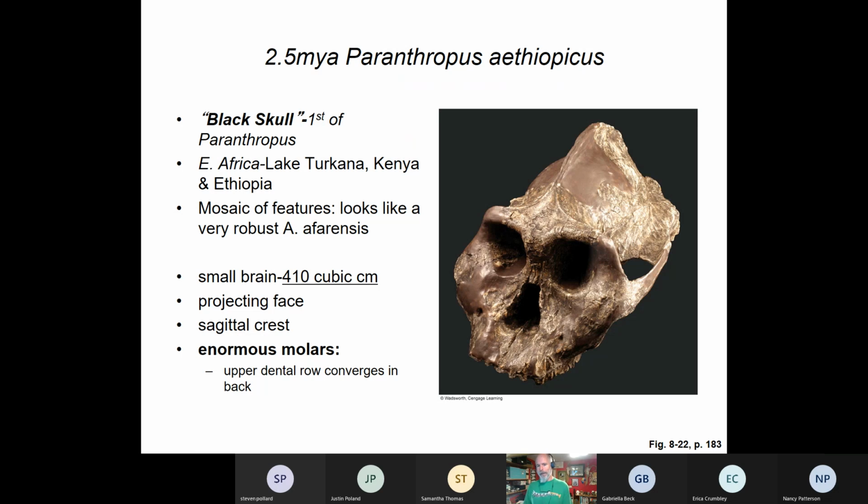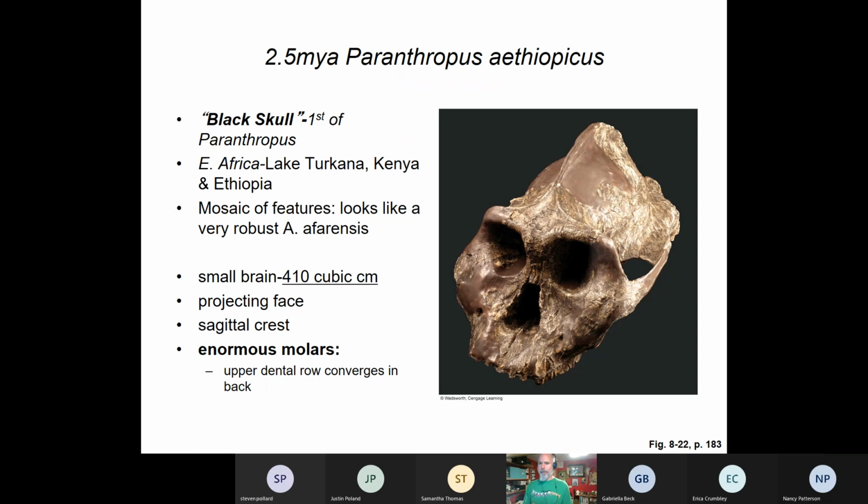Well, the organic life is replaced by minerals, and the minerals that replaced the organic matter were just these black-toned minerals. So it stands out in the fossil record because of its color, but the shape is definitely a Paranthropus. Look at the zygomatic arches. Look at the mohawk, the sagittal crest, and enormous molars.